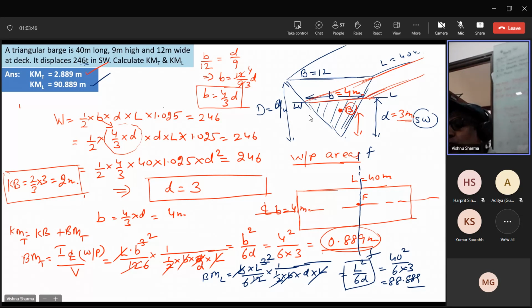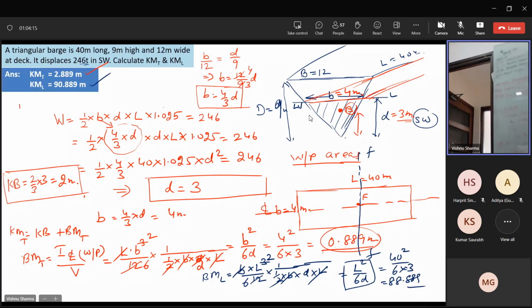What came out of these two questions? What came out of these questions is that to calculate BMT or BML, first you need to visualize the shape of the water plane area. Once you visualize the shape of the water plane area, the next question is finding the center of flotation.